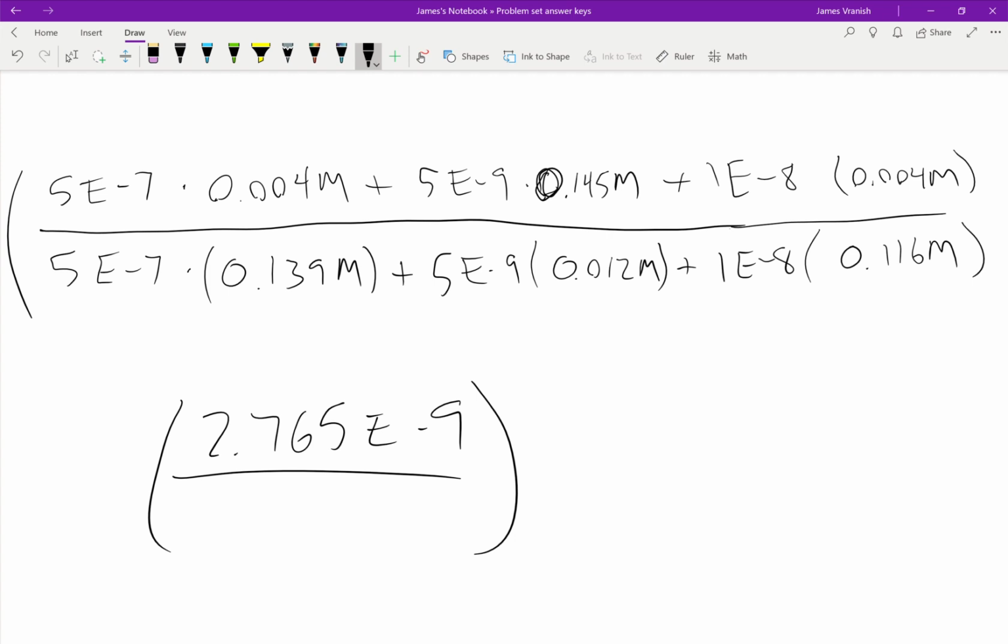All right, and the bottom here, we end up with 7.072 times 10 to the minus 8th.